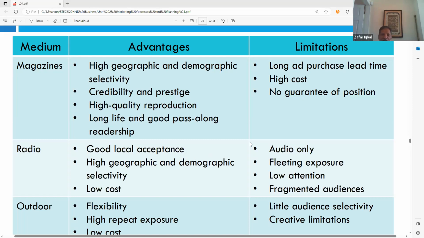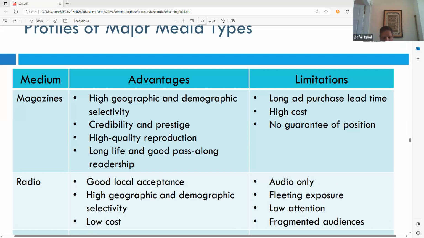It depends on the magazines, for example, the type of magazines. Is it a professional magazine, an academic magazine, or a fashion magazine? You need to look at these, because some magazines are very credible and very prestigious. The Economist, for example, runs advertising campaigns related to businesses that are highly competitive, and they're very selective, but they are very costly.